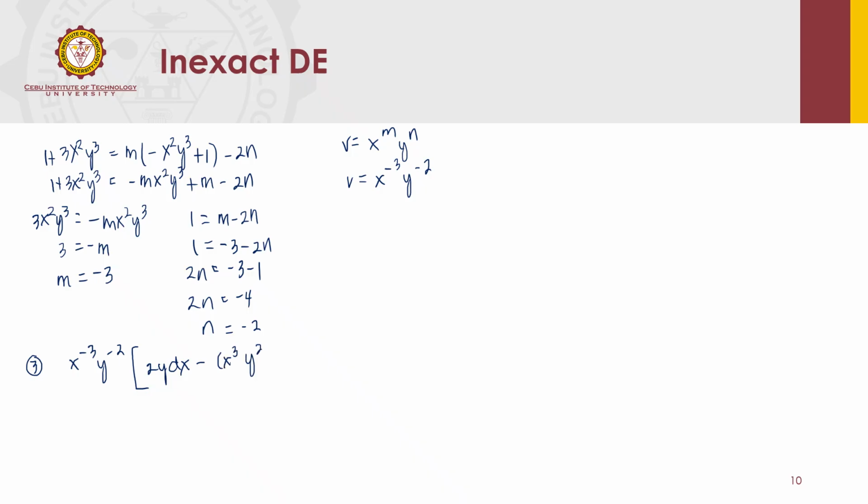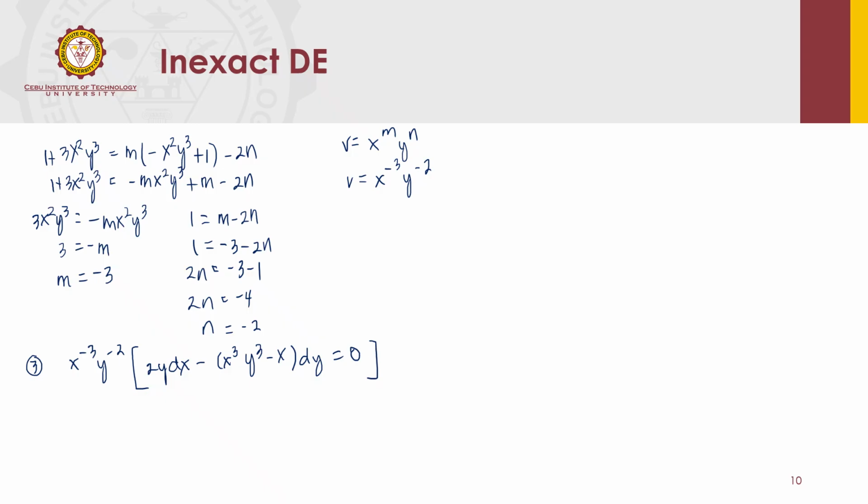version, or the differentials present, not the original one with y prime, equals 0. So that's 2y dx minus 1 dx with y cubed minus x dy.